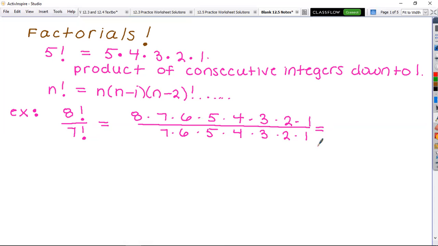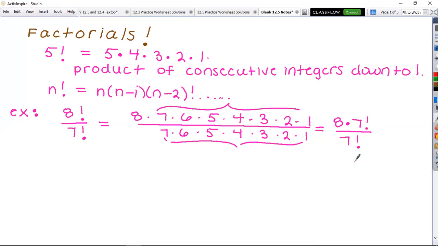So what I can do is this, and again, this is to help you see how these simplify. On the top, I basically have 8, and next to the 8, I would have a 7 factorial. The bottom is just a 7 factorial.